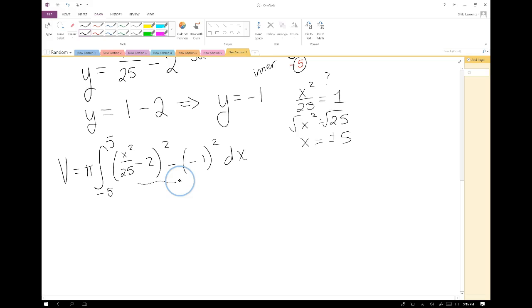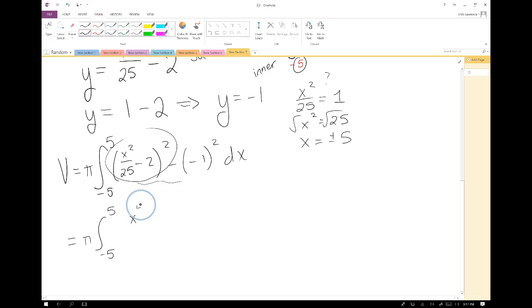So to finish this off, we're going to have to FOIL this piece. So we get pi, from negative 5 to 5. FOILing that, 25 squared is a really big number, not one I know off the top of my head.